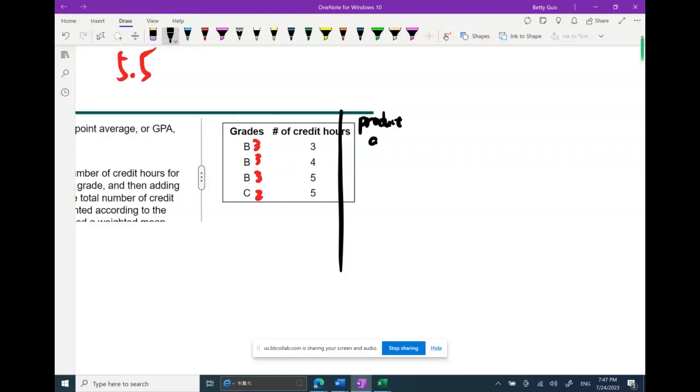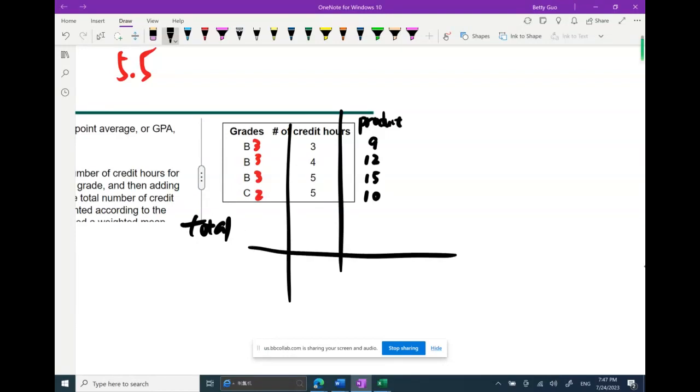So 3 times 3 is 9, 4 times 3 is 12, 5 times 3 is 15, 5 times 2 is 10. Okay, and then you are going to add up two things. You're going to add up those products.